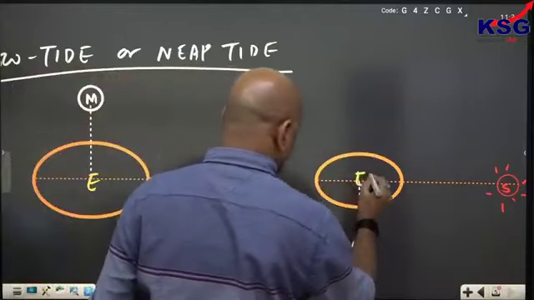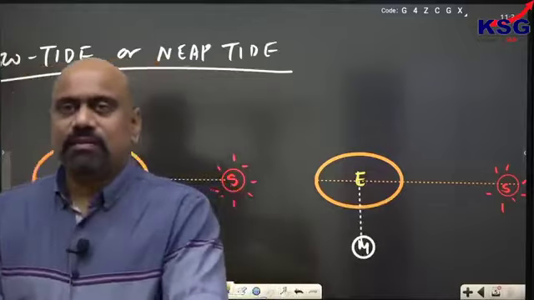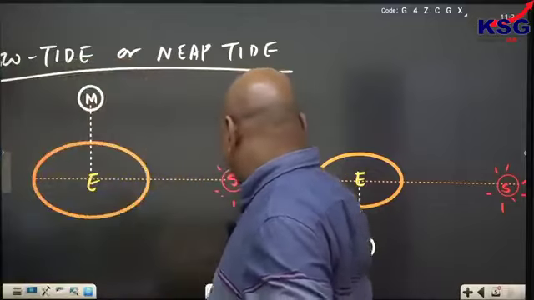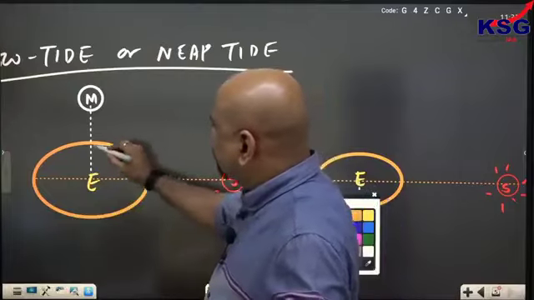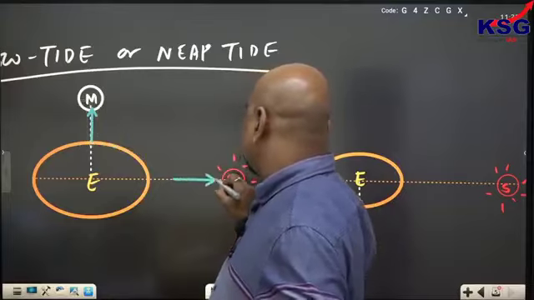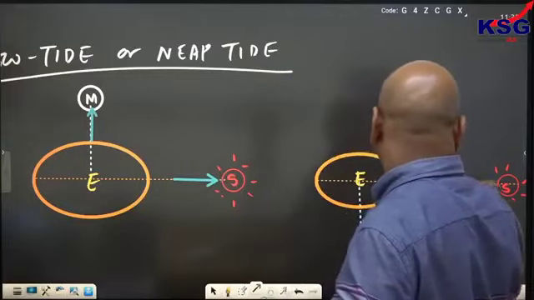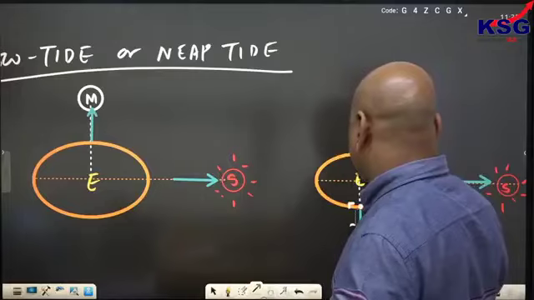If the position is like this, moon is here, so definitely the gravitational attraction force here will be like this, and here it will be like this, okay.